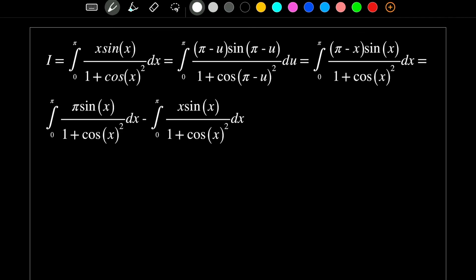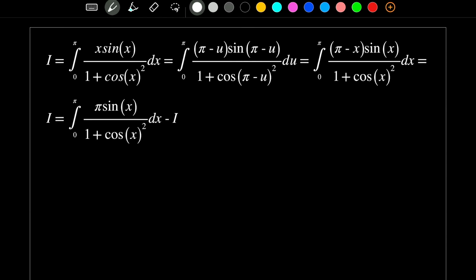Now again, notice that this second integral is just I, so we're going to get minus I. Recall that this was all equal to I, so we get this equation for I, and we can see that 2I is going to be equal to this next integral.